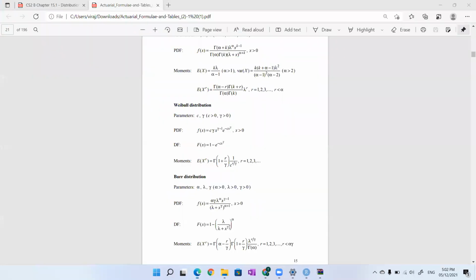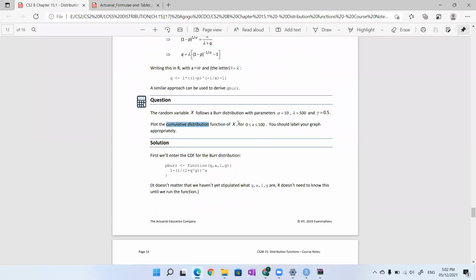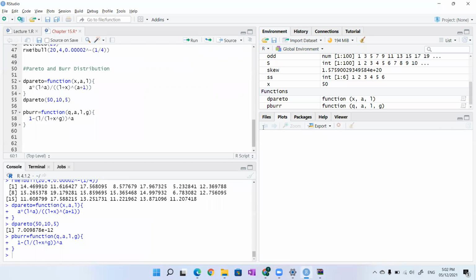Now the question is basically you may have to draw a P Burr for 0 to 100. So let's make a sequence. X डाल देता हूँ, x is equal to, say Q डाल देता हूँ because here you have defined Q as your first variable. Oh no, I have defined your x. So your x नहीं Q आना चाहिए because this is what the function is. Okay.